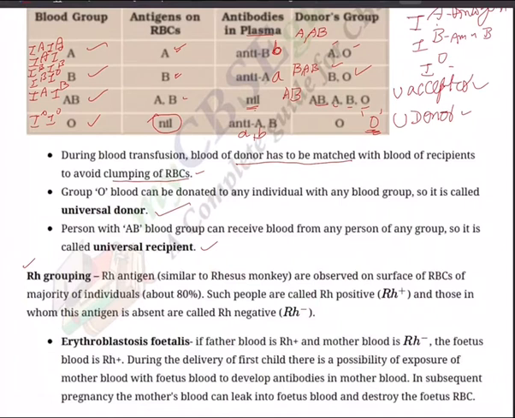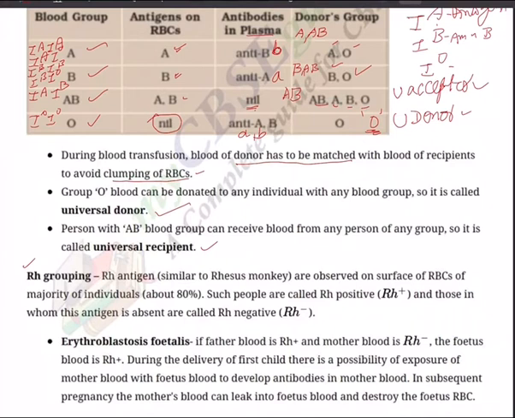So a protein named Rhesus antigen, Rh antigen, is present on the surface of RBCs in many persons. When an Rh negative mother is pregnant with an Rh positive fetus, the Rh antigens of the fetus do not get exposed to the Rh negative blood of the mother.